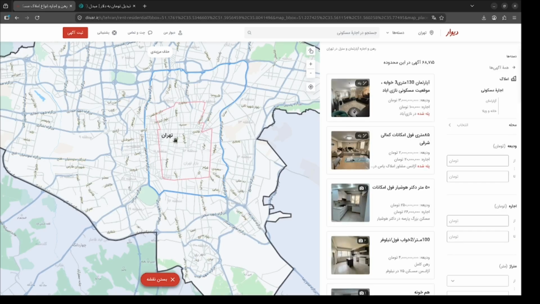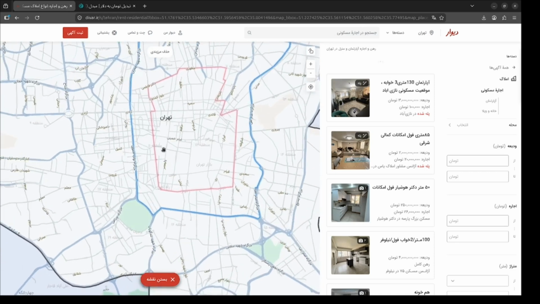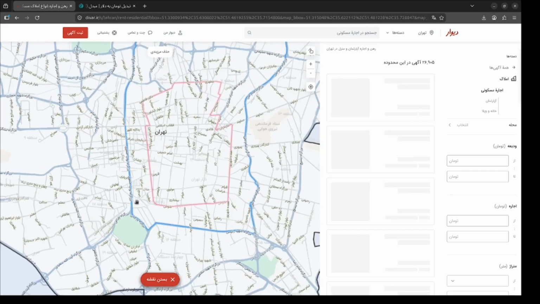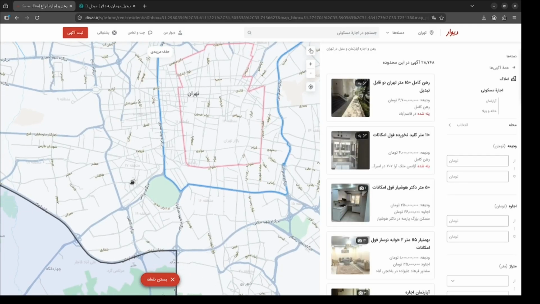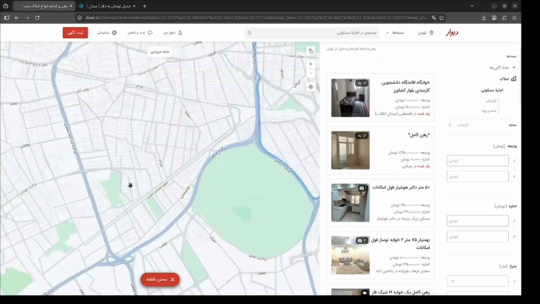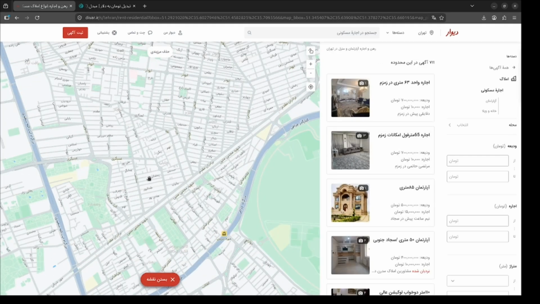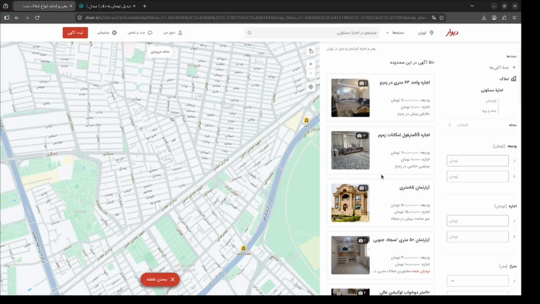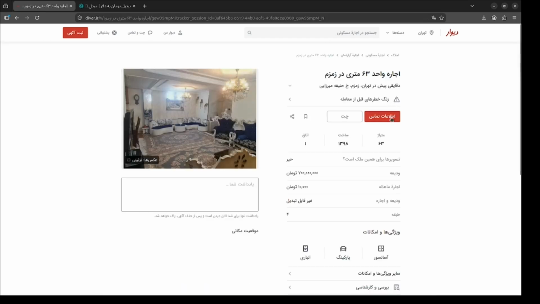And by the way, here is the map of Tehran. Let's select a place in the southern part, for example, here. Okay, let's zoom in. All right, here we go. Let's just start with the first apartment right there.